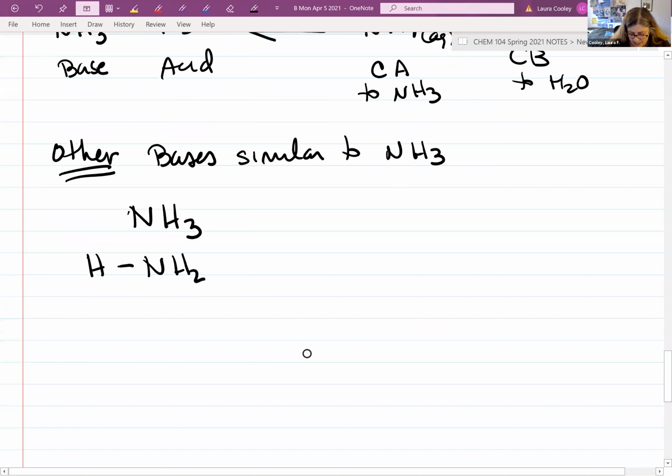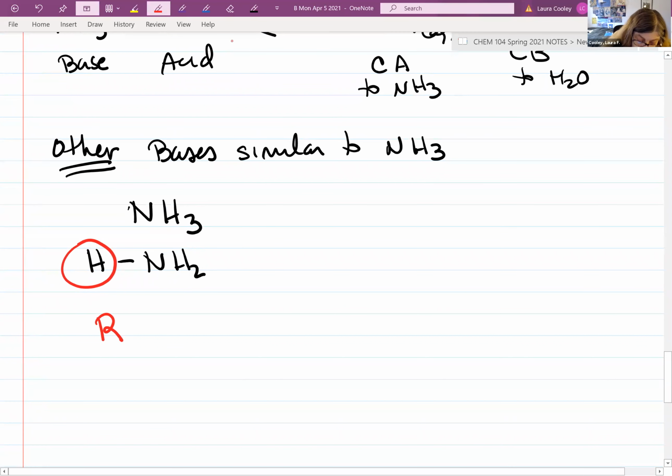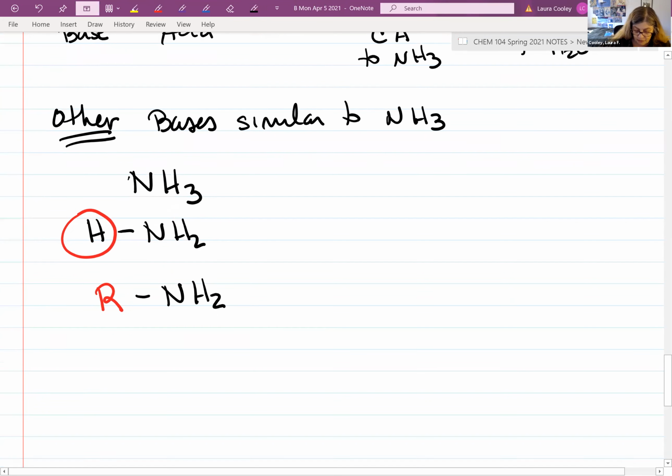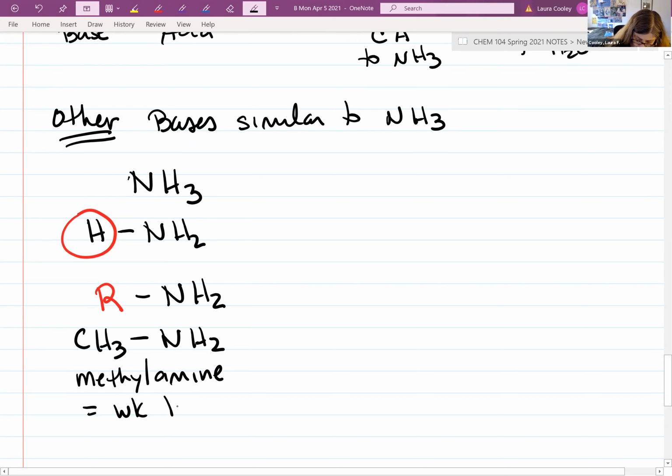And the reason I do that is because this H here, if it is something other than H, if it's a different group, like a methyl or an ethyl group, by the way, in organic chemistry, we call this an R group, which means some organic group. If it's CH3, then we call this methylamine. And it is also a weak base. So a lot of weak bases are like this.